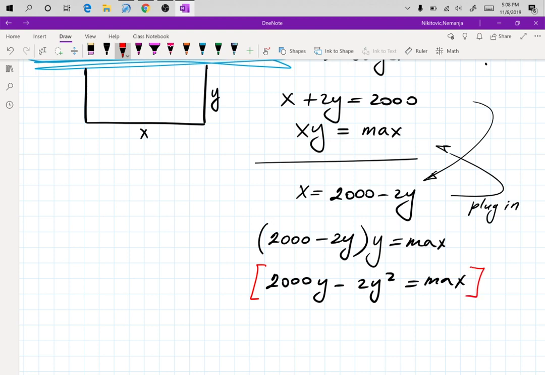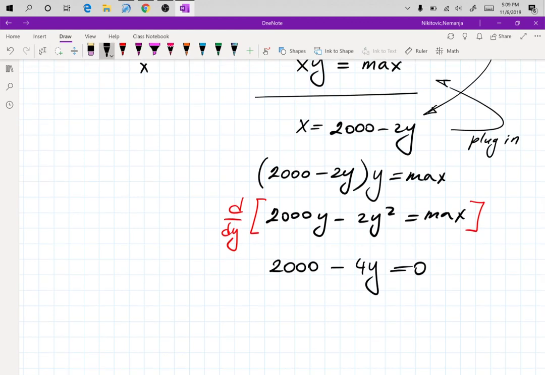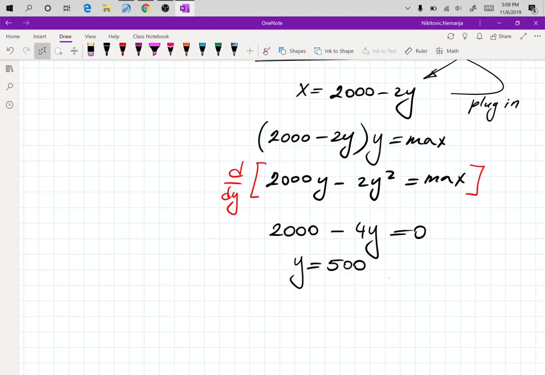Now we're going to differentiate with respect to y, because that's the variable in the problem. And we get 2,000 minus 4y equal to 0, from where y is 500. Now, before you jump screaming, it's the same, look at x.